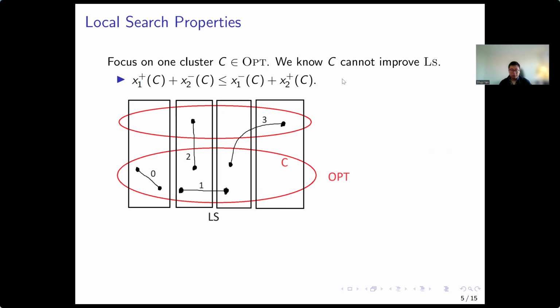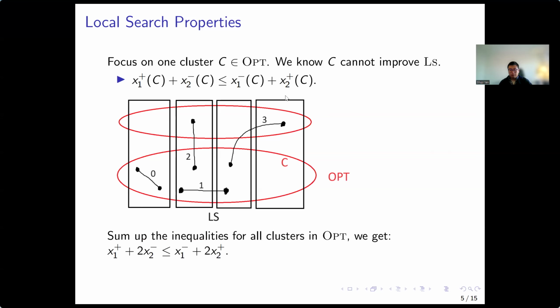We know that the improvement must be non-positive, so we can have this inequality. Here, we only consider the edges incident to C. But then we can sum up the inequalities for all clusters in the optimal solution. Then we look at all edges.